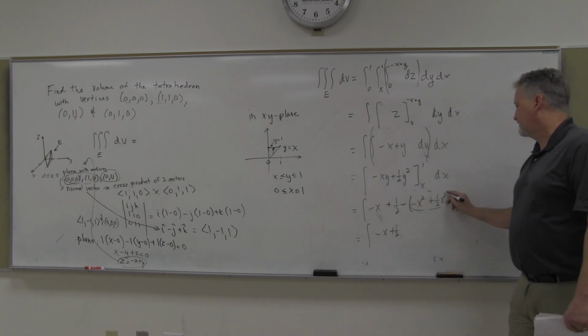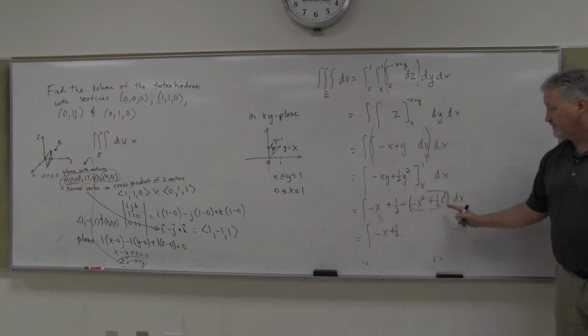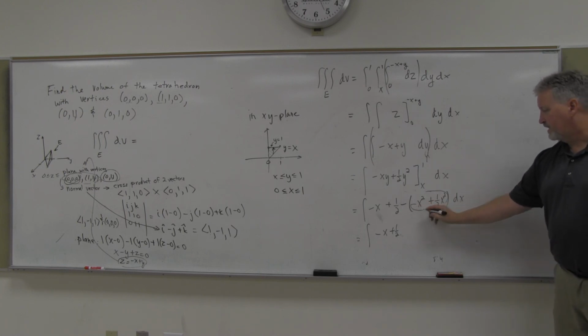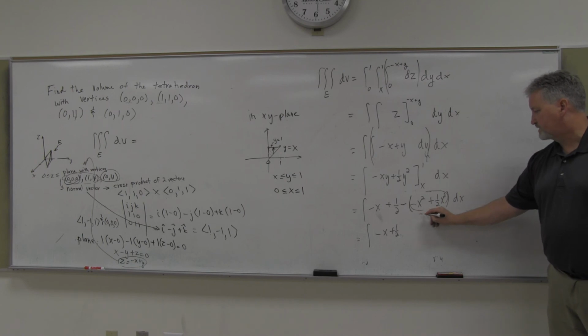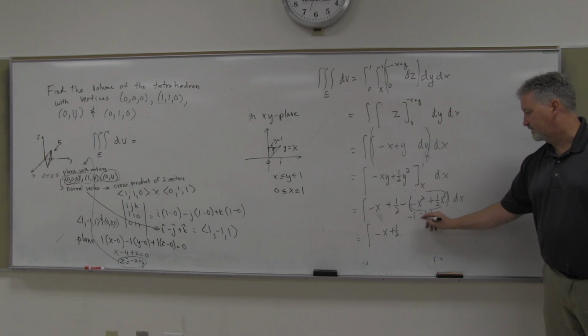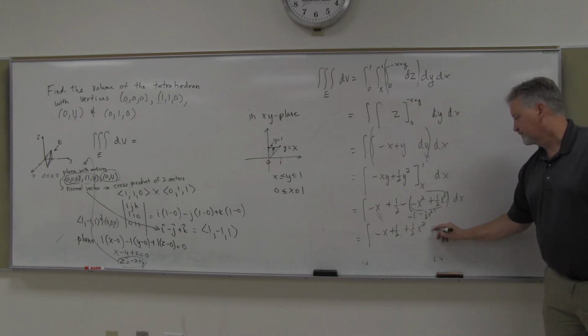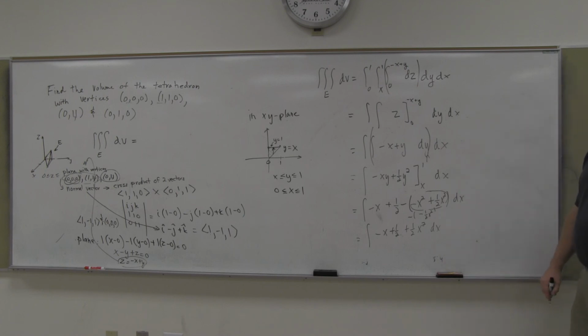If you combine those like terms, those combined would be minus 1/2 x squared, but we got a minus out there, so it's actually plus 1/2 x squared, isn't it?